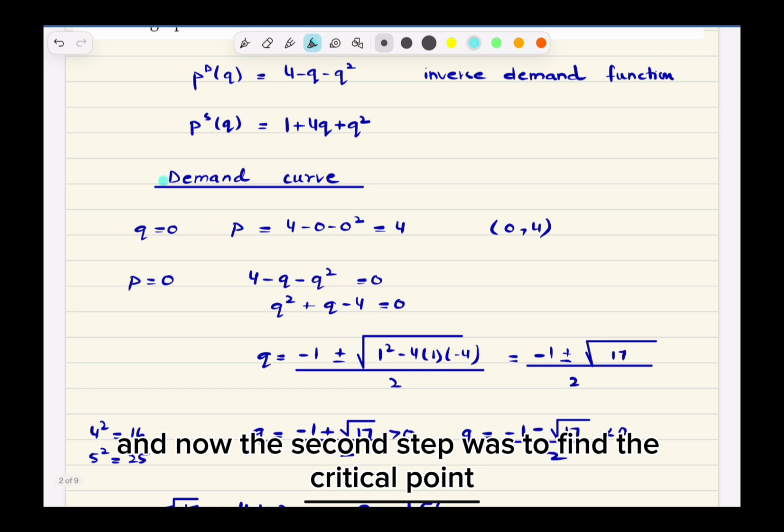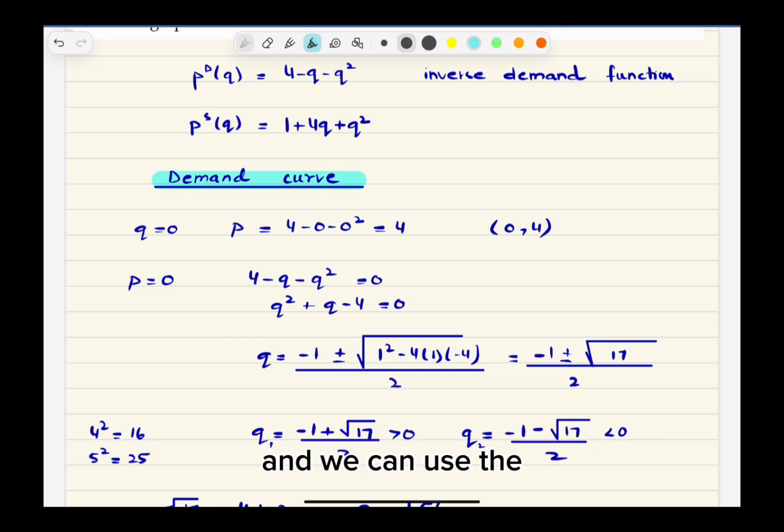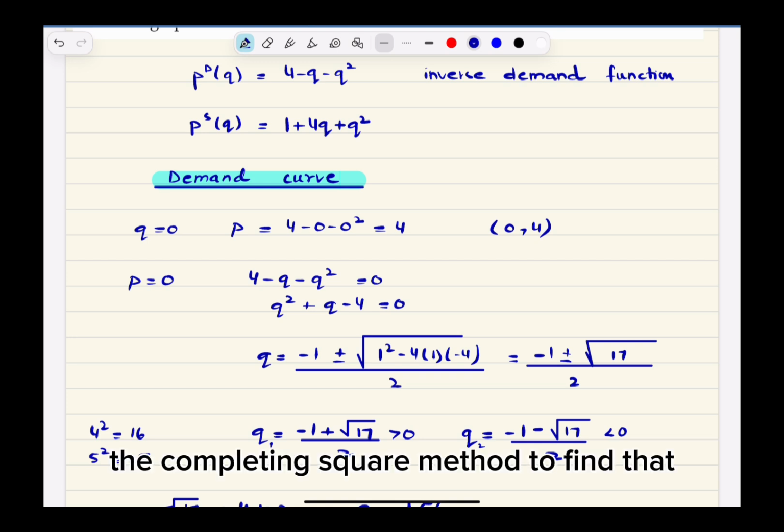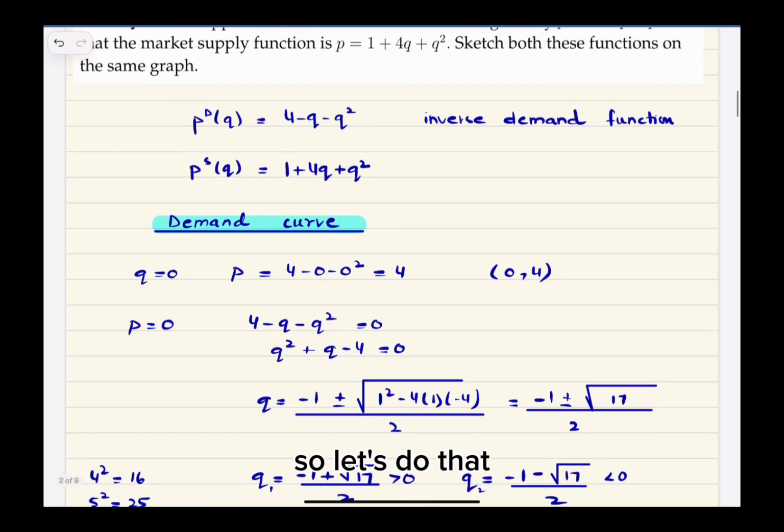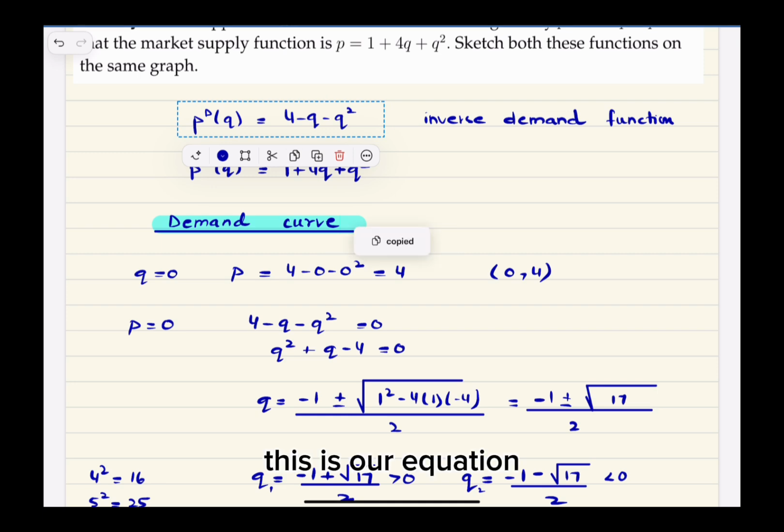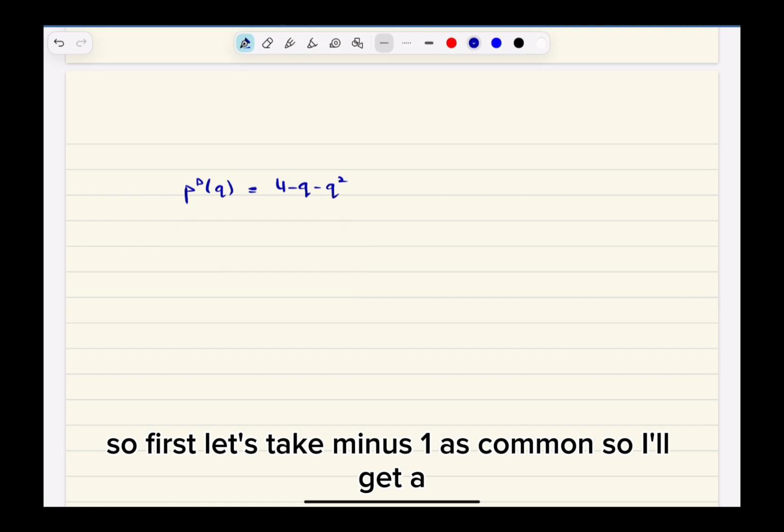And now the second step was to find the critical point. We can use the completing the square method to find that. So let's do that. This is our equation. Okay, so first let's take minus 1 as common.